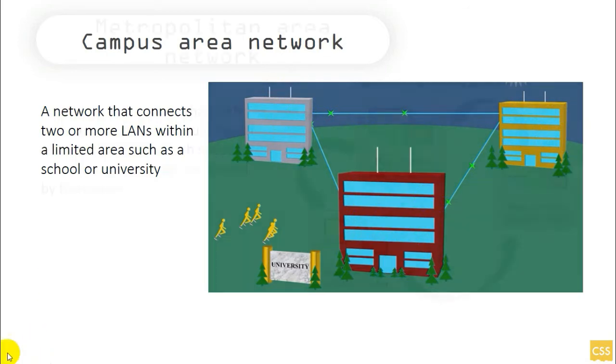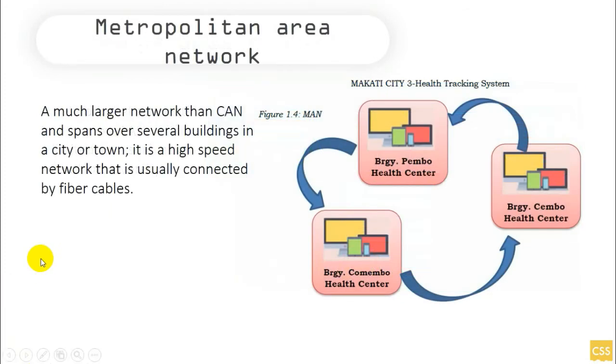Next, we have the MAN, or the Metropolitan Area Network. MAN is larger than our campus area network and spans several buildings in a city or town. It is composed of a high-speed network, usually using fiber cables. For the Metropolitan Area Network, I used the example of health centers in Makati City.